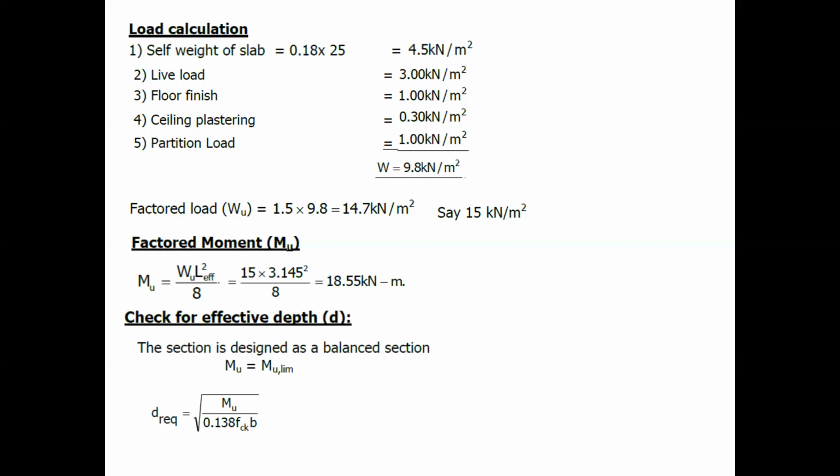Effective depth means you're dealing with the depth, right? Compare with the previous problem.